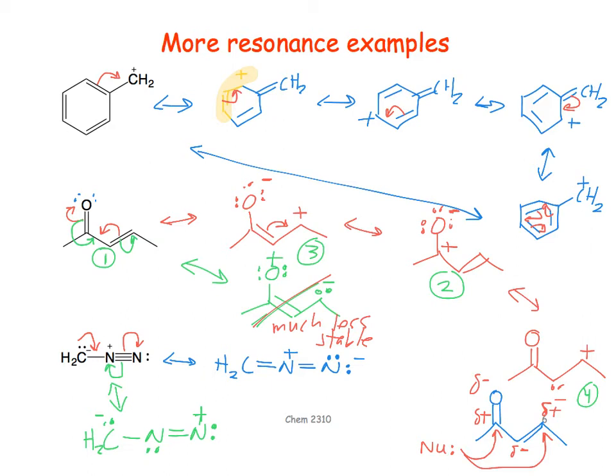So, can we do any more resonance from here? It doesn't just go back to one of the other ones we have? Do we have anything that fits into one of those kind of generic A or B scenarios? A, right? Because we have non-bonding electrons on the carbon next to another pi bond. So let's just move these down this way and move these over here.